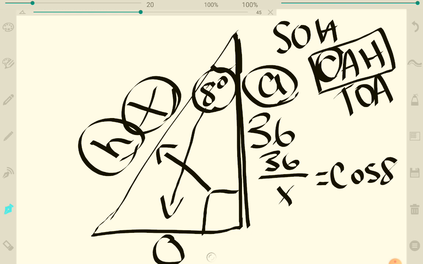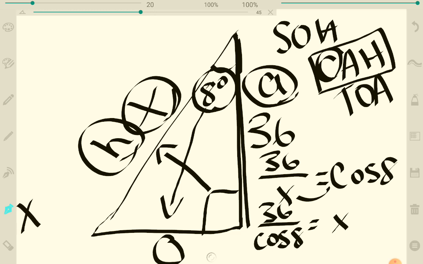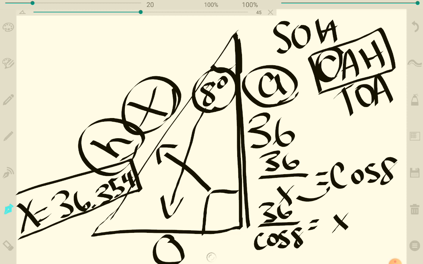And like the other one, we can just flip these two, so 36 over cosine 8 equals x. If you type that into the calculator, we should get 36.354 as our final answer for this one.